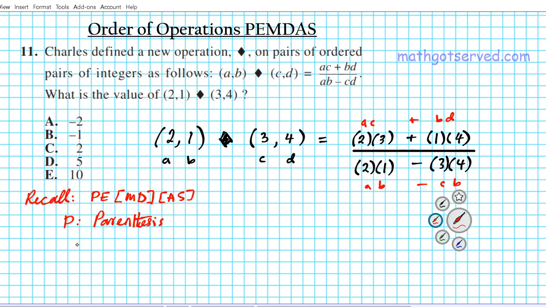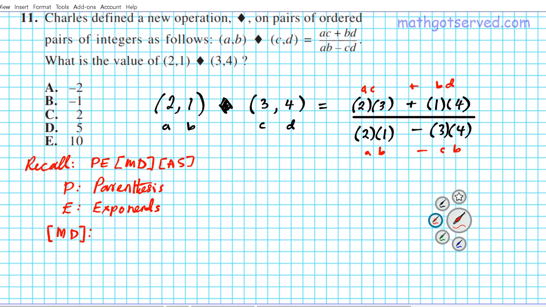And then the E: if you have any term with exponents, you simplify that next. Then multiply and divide are done at the same time, but from left to right, whichever one shows up from the left side is the operation that you carry out first.